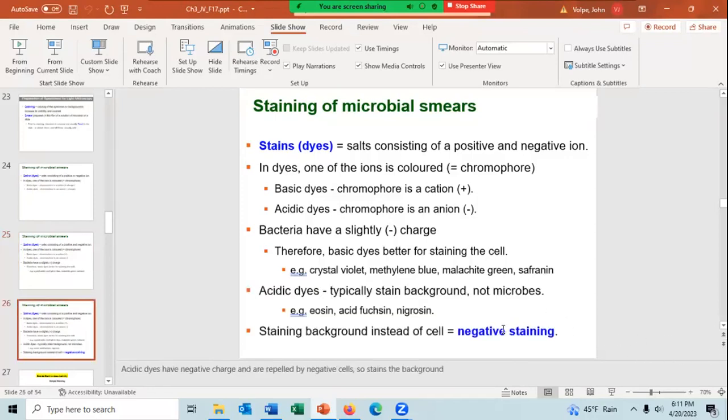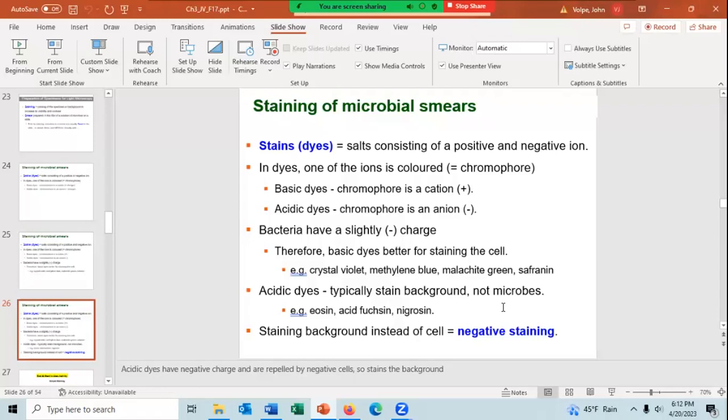Acidic dyes have the negative charge being colored, and they do not stain the specimen, do not stain the cell, because a negative charge will be repulsed from a negatively charged cell. What a negative or acidic dye does is it stains the background of the slide, not the microbe.